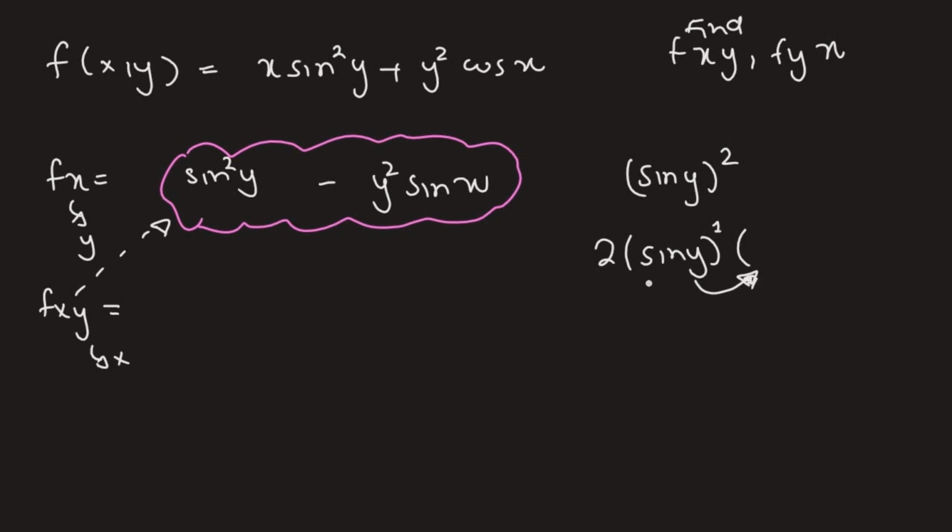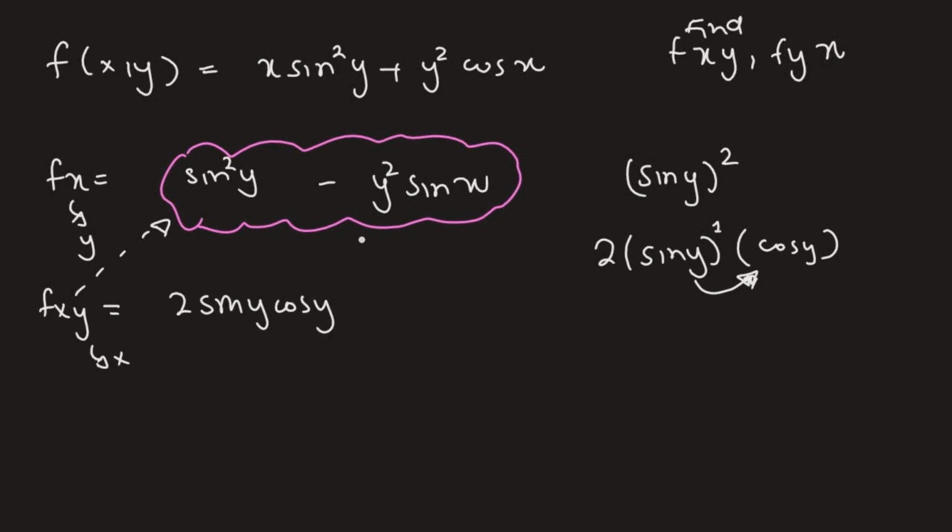Here we're differentiating with respect to y, so there's no x to worry about, and the derivative of sine y is cosine y. So this is the answer: 2 sine y cosine y.